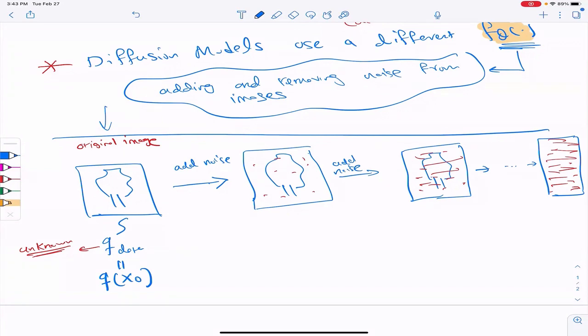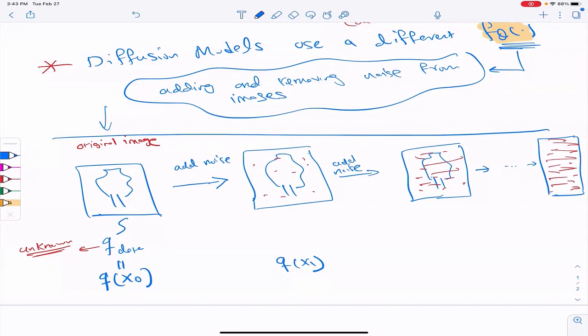Okay. When you are adding noise, let's say in one step, every sample will become a noisier version of that sample at the previous time. So you're basically changing the whole distribution. At this step, you're going to get the distribution QX1. So every sample is a little bit noisier.